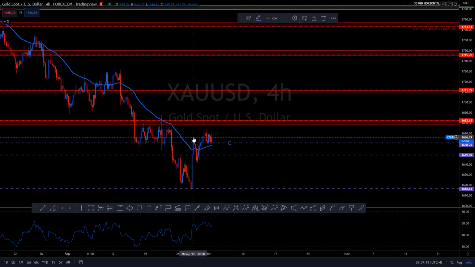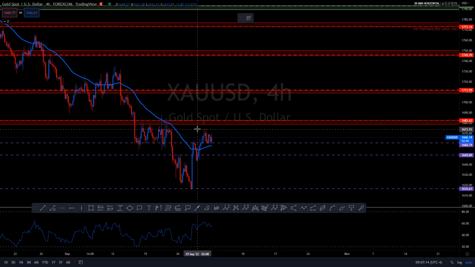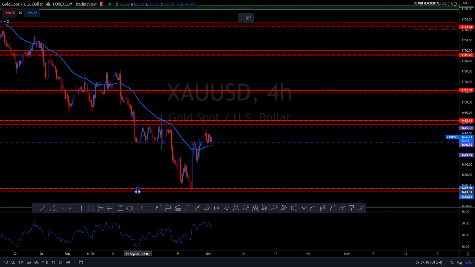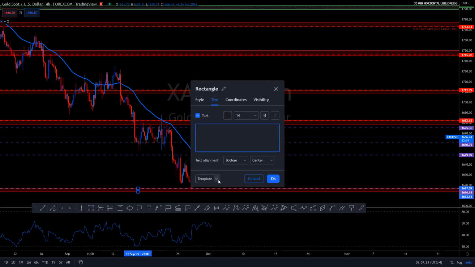Probably a supply in this area as well. And supply in this area. So we'll draw zones here.